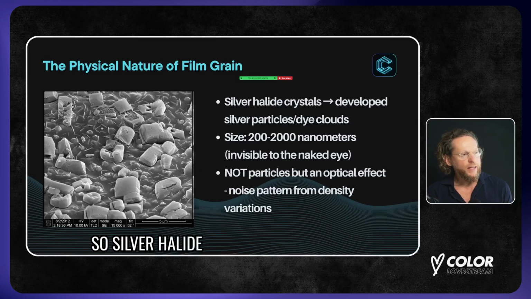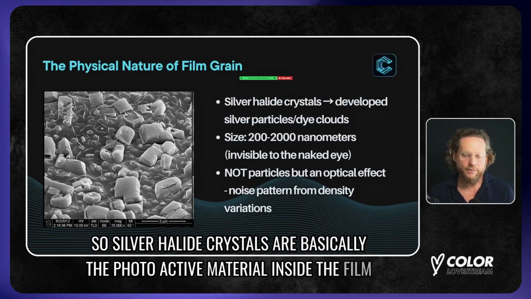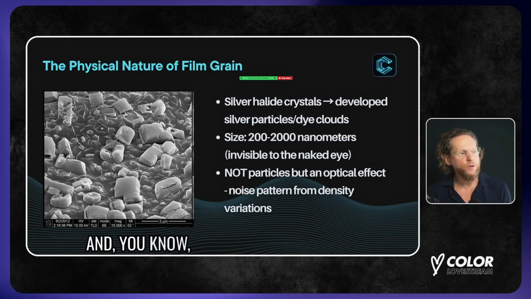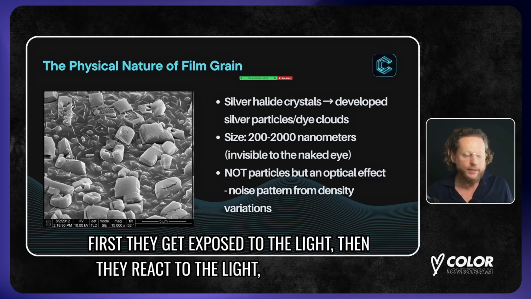Silver halide crystals are the photoactive material inside the film emulsion. When they get exposed to the light, they react to the light.